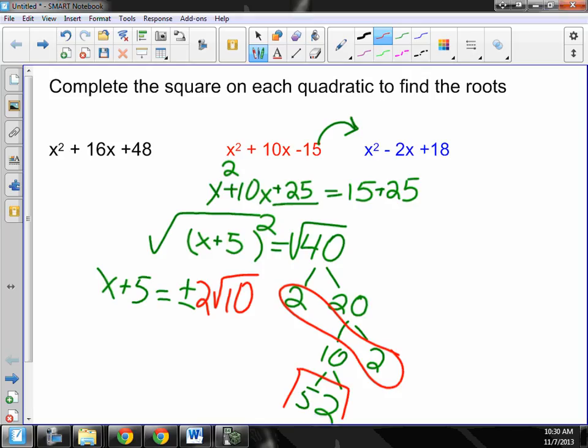Everybody good? Okay. Now I'm going to subtract 5. Well, you cannot put square roots and rational numbers together. We always put the square root last, so my answers are x equals negative 5 plus or minus 2 root 10.